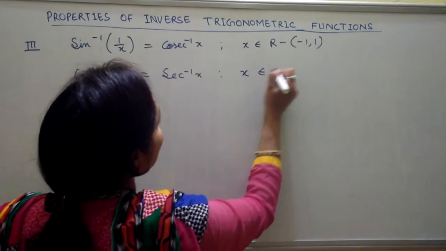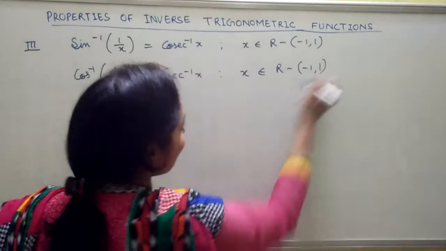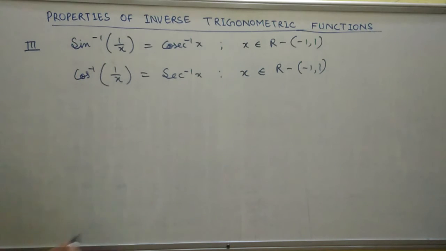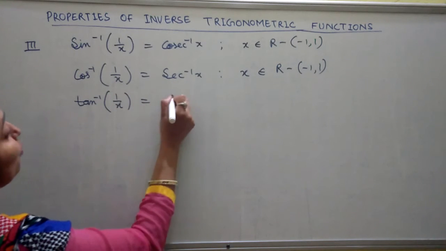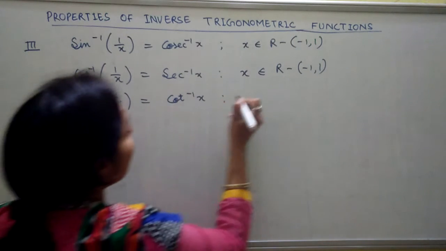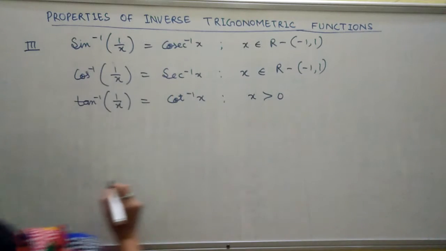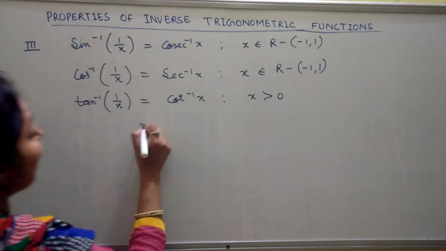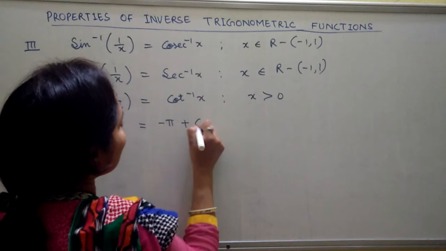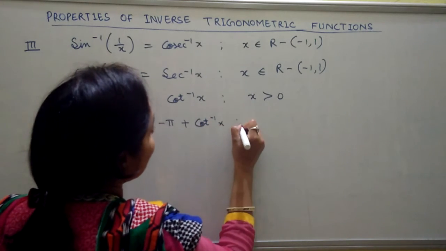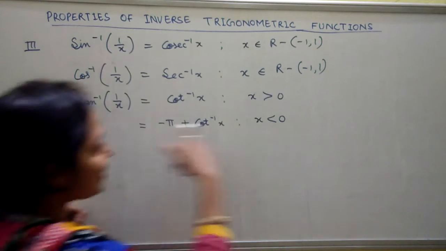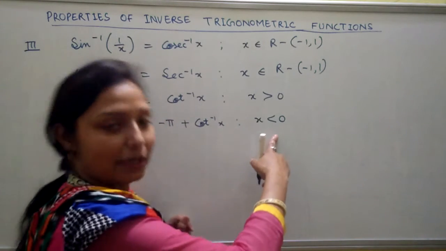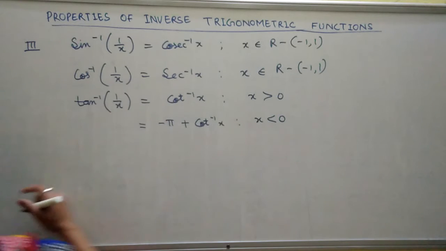The condition is x belongs to R minus the open interval minus 1 to 1. Okay, now tan inverse 1 upon x will equal cot inverse x when x is greater than 0, otherwise minus pi plus cot inverse x when x is less than 0. So there are two values of tan inverse 1 upon x, when x is positive and when x is negative. Okay, so this is the third property.